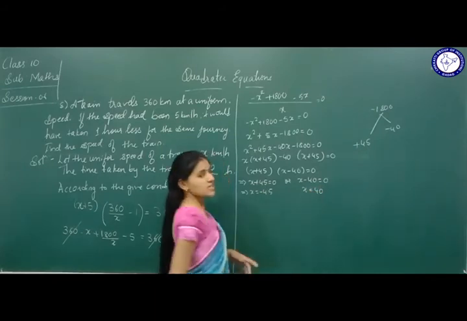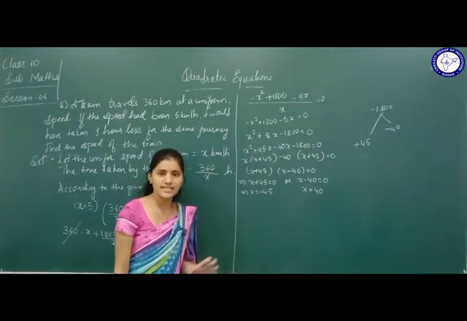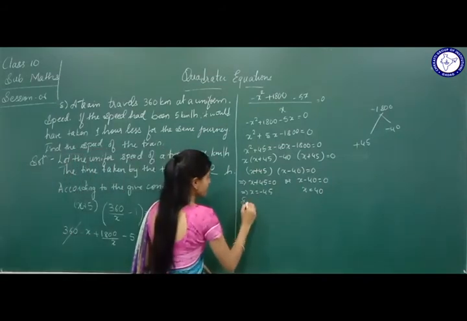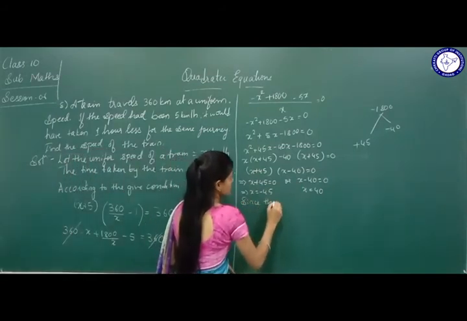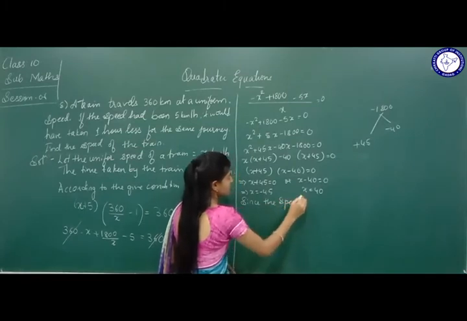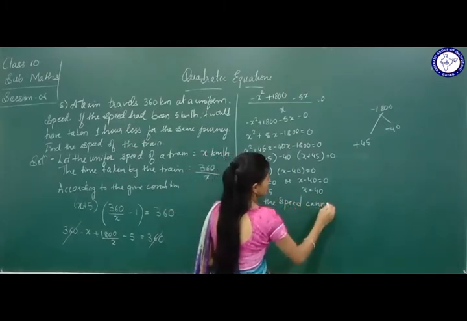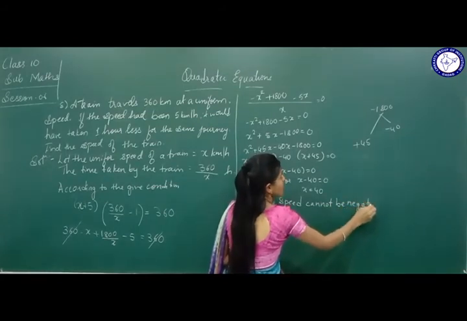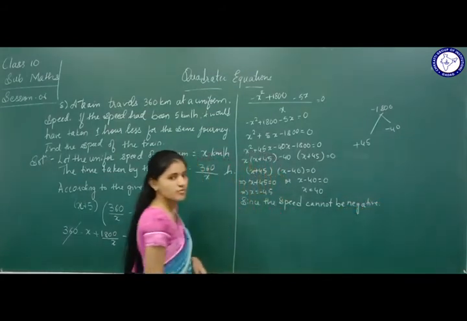So see, the speed cannot be negative. Right? Since the speed cannot be negative, what is the uniform speed of a train?